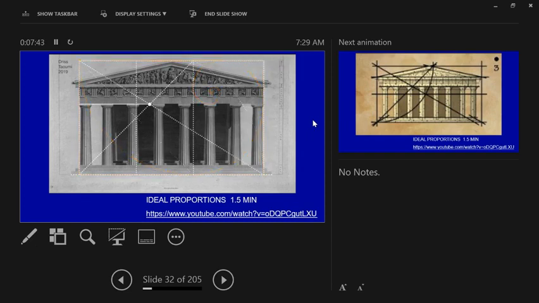That swirl that you saw there was the golden curve, or the golden spiral. The rectangle that the whole building is in is a golden rectangle. And all of it is proportioned to the golden mean.